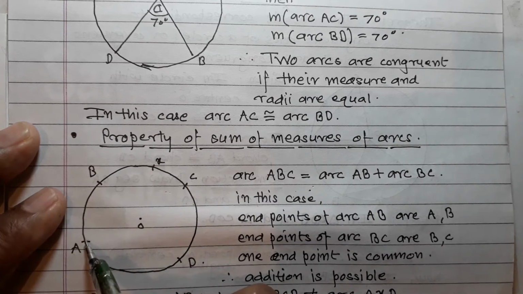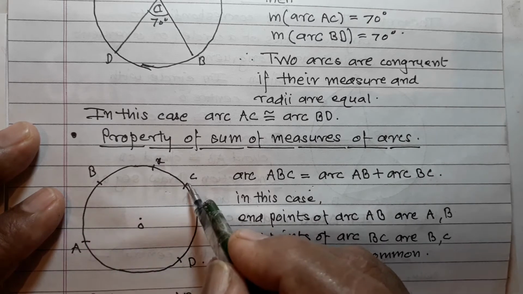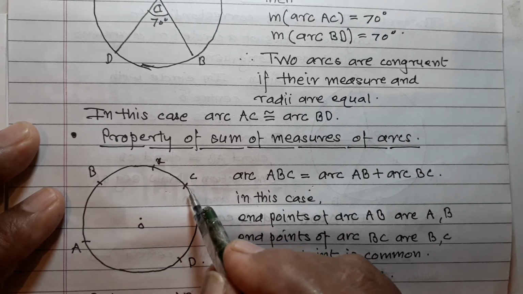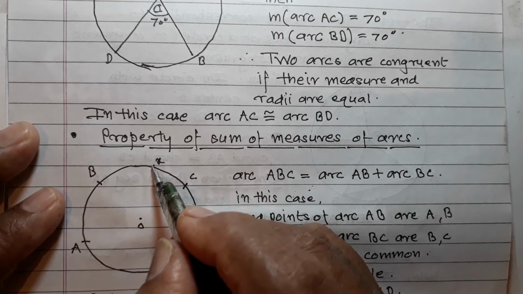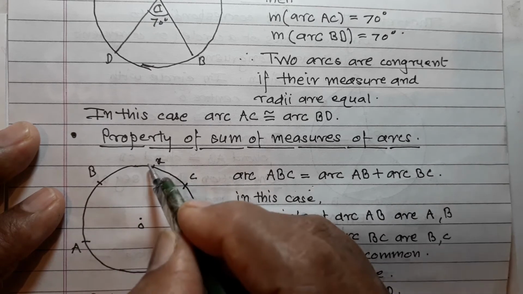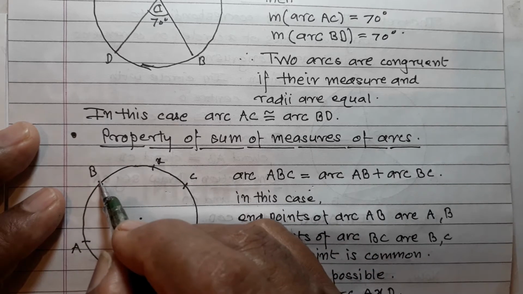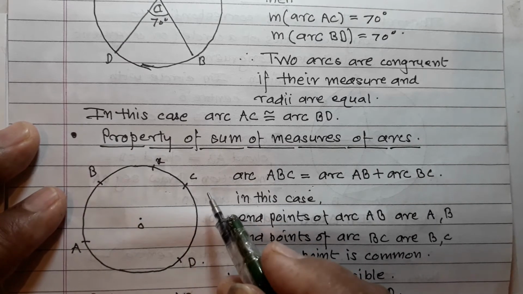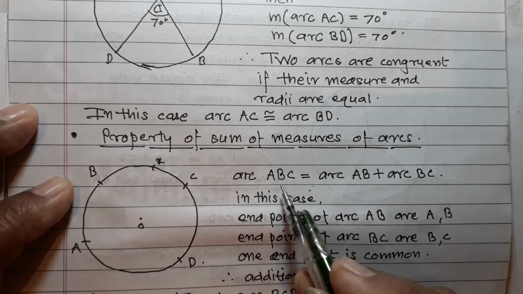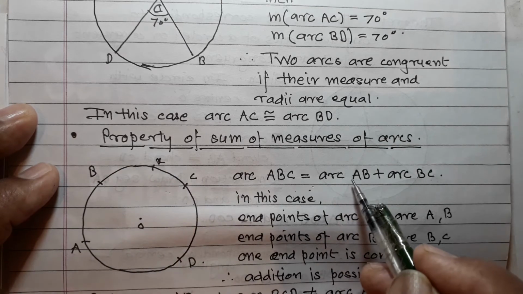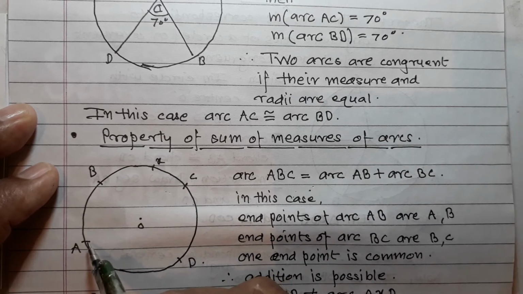Now in this case, if you say arc AC, then there is confusion whether it is this arc or this arc, and therefore I take one point here. So this is arc AXC, or you can take this point as ABC. Okay, is it clear?